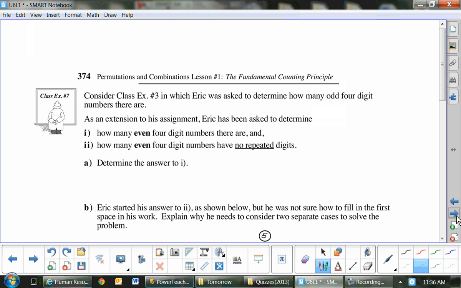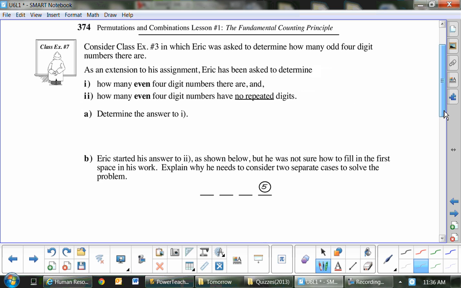Now, you know how we just did 4-digit odd numbers? We're now going to deal with 4-digit even numbers, which are much more difficult. Let's do this one first. How many even 4-digit numbers are there? 4-digit number, 1, 2, 3, 4. Where's my restriction? The last one. What are they allowed to be? 0, 2, 4, 6, 8, right?